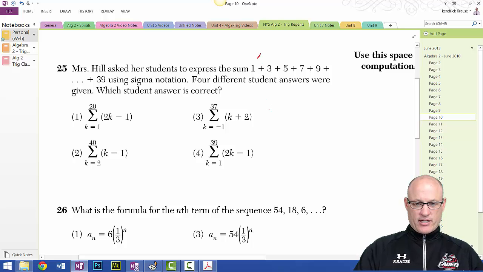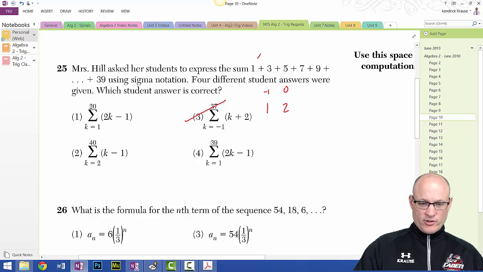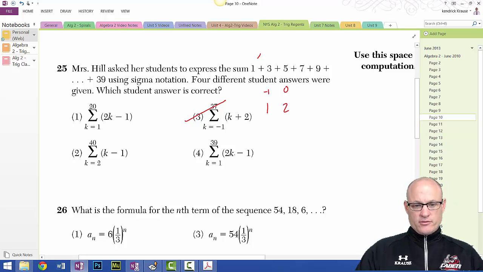I want to make sure I get the odd numbers. And then when k equals 0, I get 2. That ain't going to work. And let's try this one. When k is 1, I get 2 times k, which is 2 minus 1, which is 1.